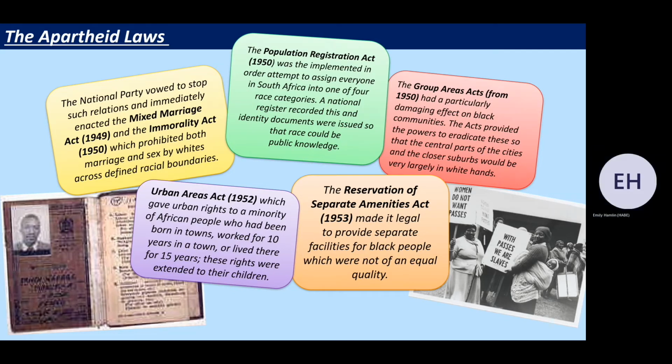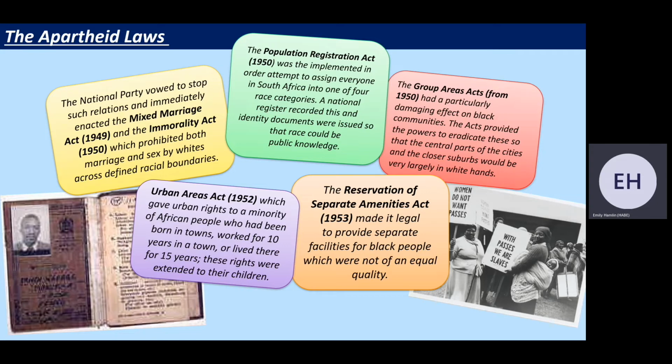Here are some of the policies. I won't go through them all, but here are some of the policies that were brought out to support grand apartheid and this idea of separateness. And you'll just see how much of a struggle this would have been. So have a look on the left here in this yellow box, the Mixed Marriages Act of 1949 prevented people from having interracial relations.